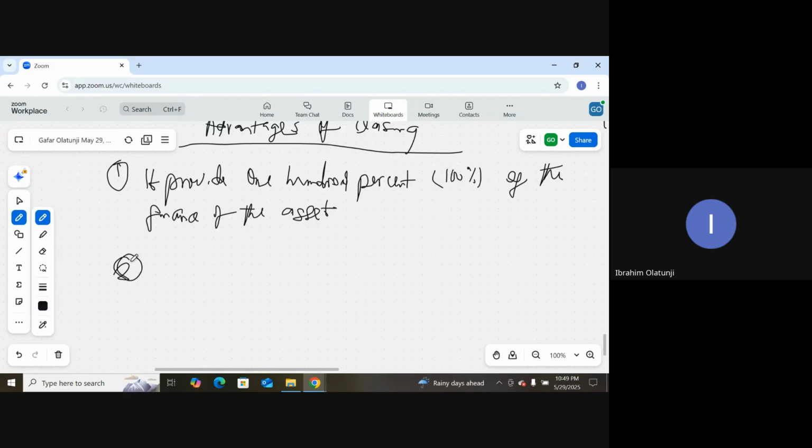It provides 100% of the finance of the asset.